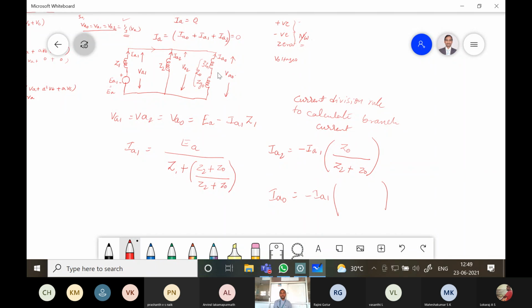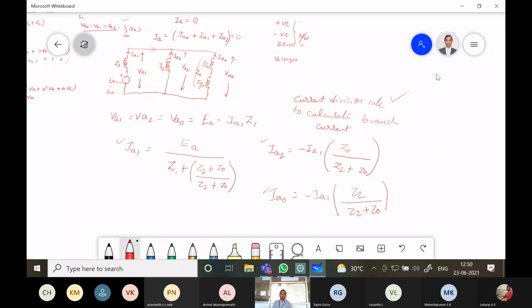To find IA0, what is the opposite impedance? Z2 is the opposite impedance, divided by the sum of total impedance Z2 plus Z0. So these are the sequence components of the current IA0, IA1 and IA2. These are obtained by the current division rule.